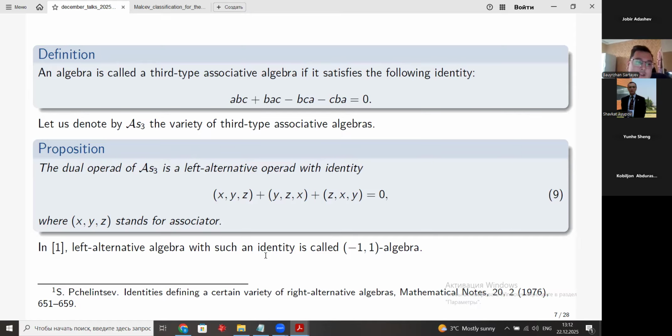And the problem of describing all special identities is still an open problem. For this reason, the next natural question is to define the new operations, commutator and anti-commutator, in first, second and third type associative algebras. Let's see what we will obtain.